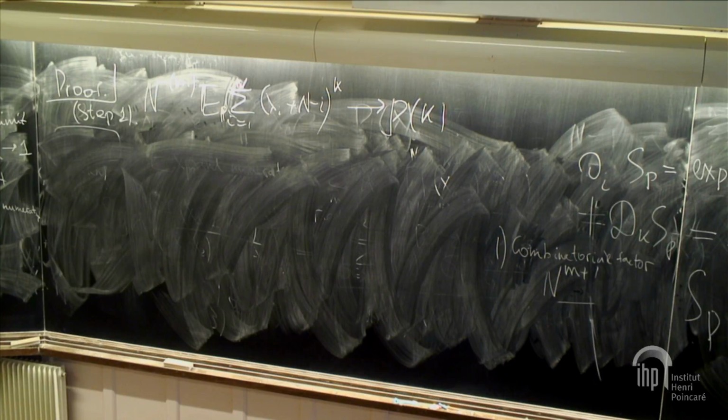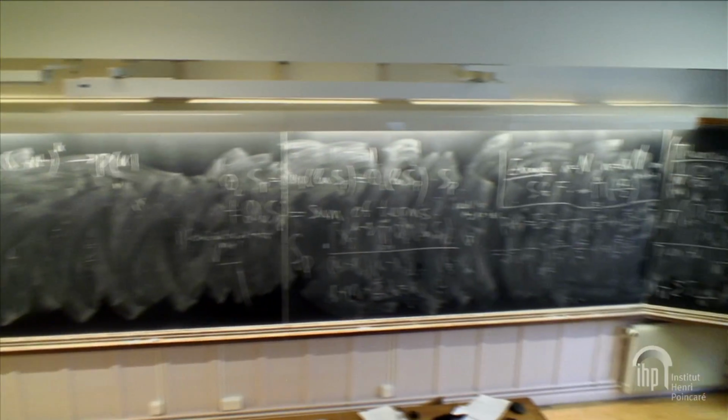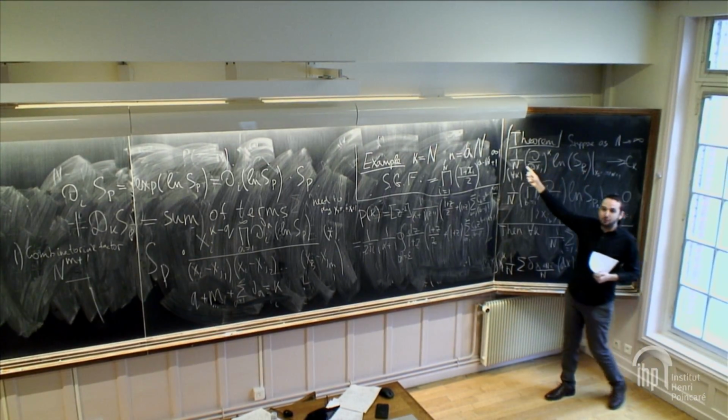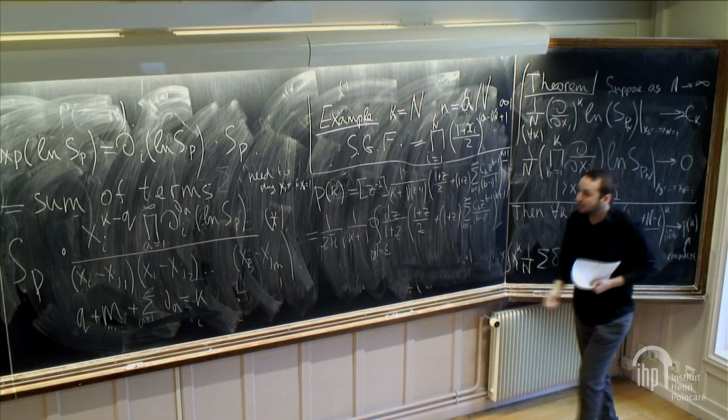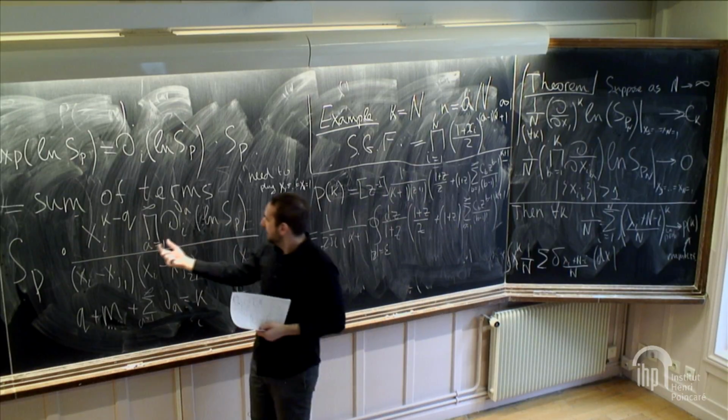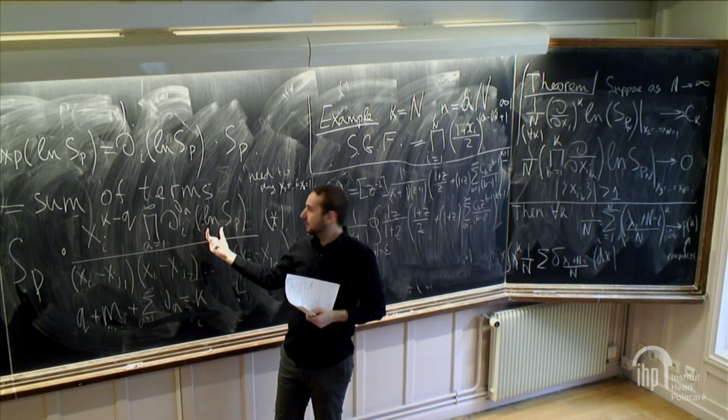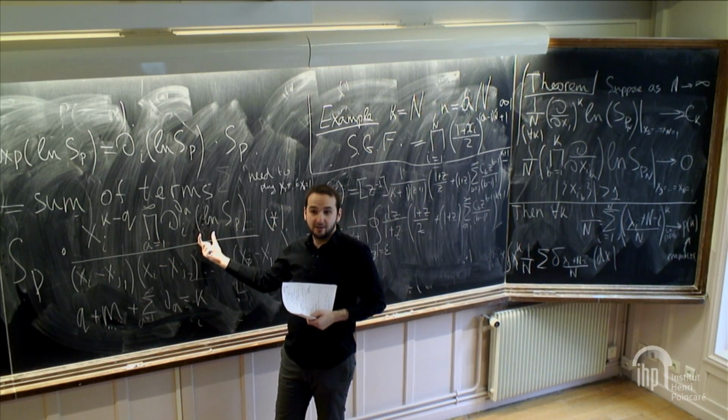Now, after you do this, how large is this term? In order to understand that, we need to turn to our theorem. What this theorem tells us is that no matter how many times you differentiate your logarithm, the result is still of order n. What it means is that each of these factors will produce something of order n.